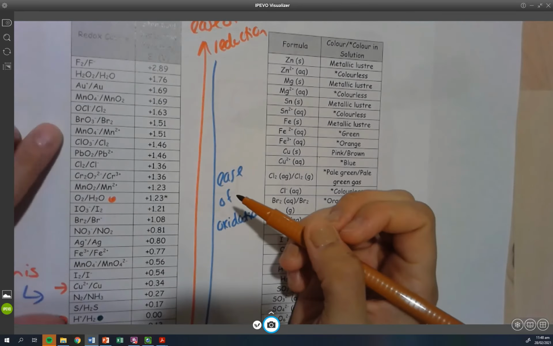So from this information here, I'm looking at these two numbers, and the number that is higher, so basically the higher standard reduction potential, tells me that this is ease of reduction. So what this means is that this reaction here is going to be easier to reduce.